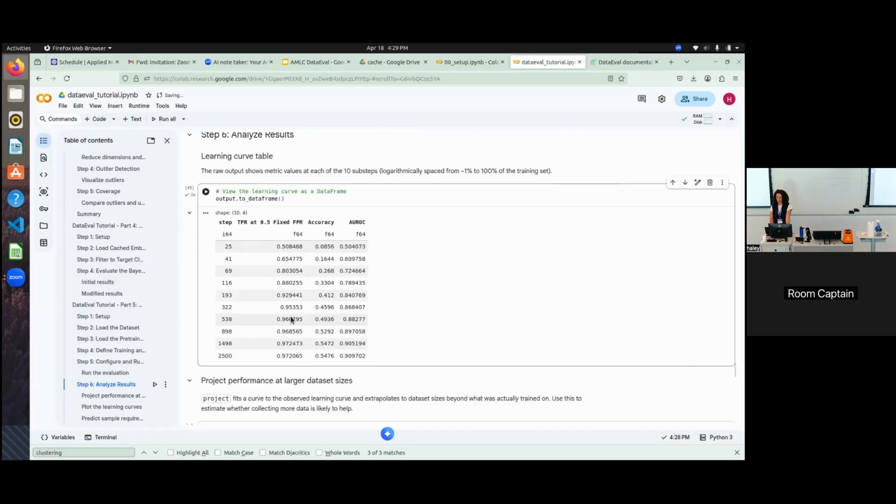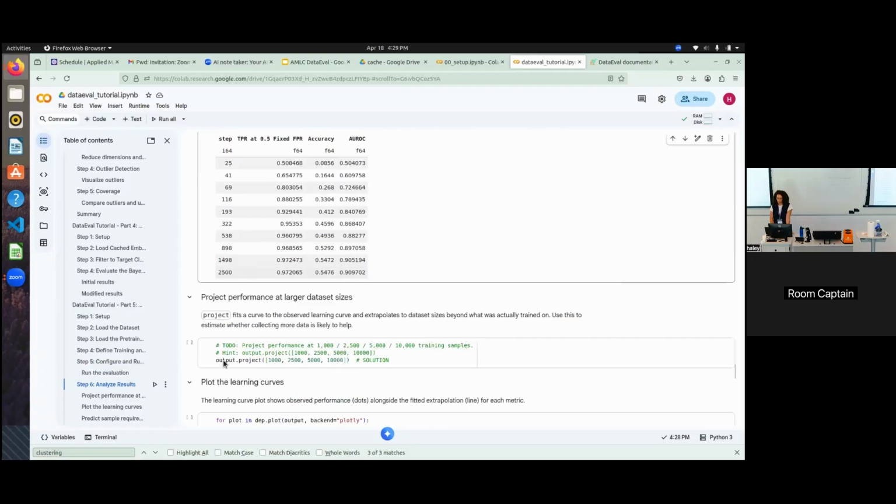These are the different metrics or results that you can see. These are the steps. We were using about 2,500 samples in our sufficiency curve. You can have more, of course, but it just increases your compute time. This is showing what that projected performance is.